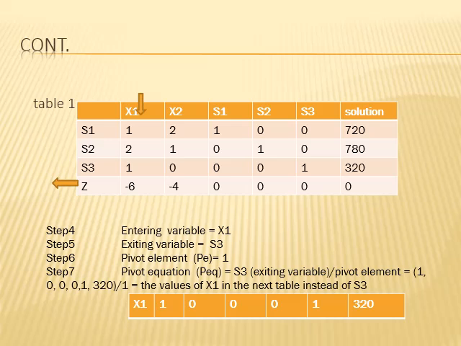So the value of x1 in the next table, instead of S3, is 1 0 0 0 1 320. So now this is the main equation. We will use it later to calculate the change in other basic variables like S1, S2, and also Z.